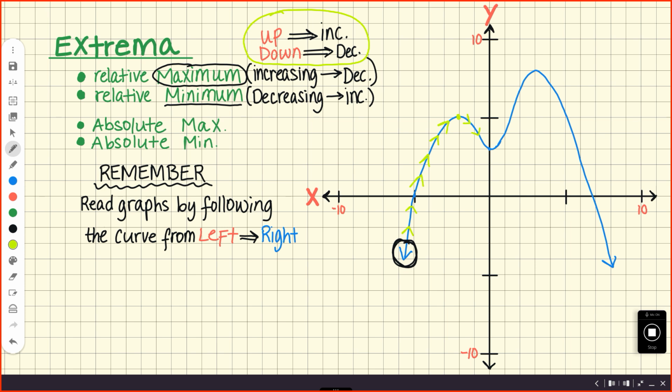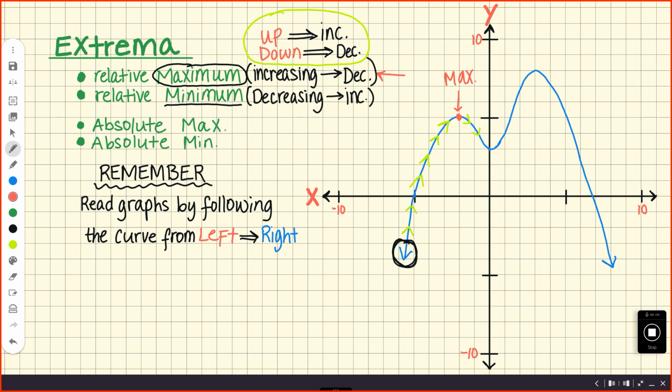There's a change that happens. So I know there I will have a maximum or an extrema, let's say. Okay, and there's an extrema here, but I see that I went from increasing to decreasing. That's this one. So that's a maximum. So I'm going to say here, this is a max.